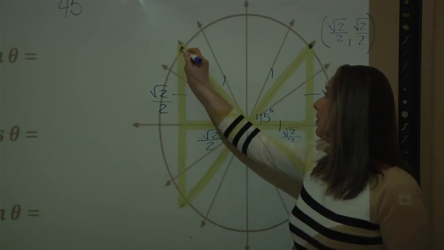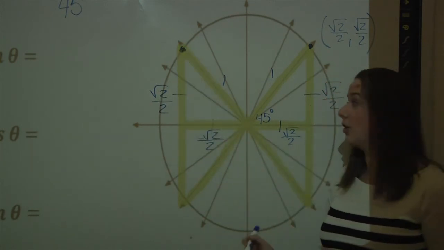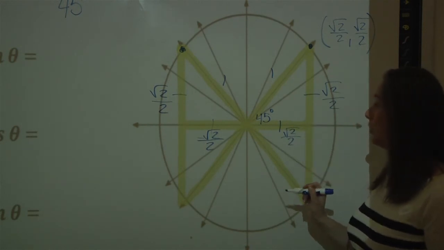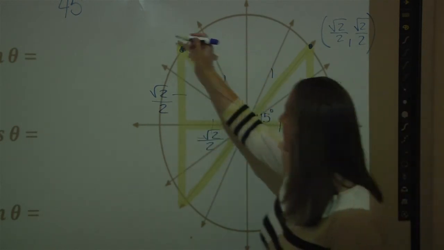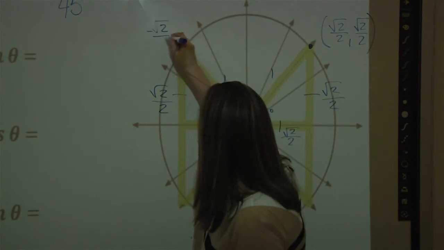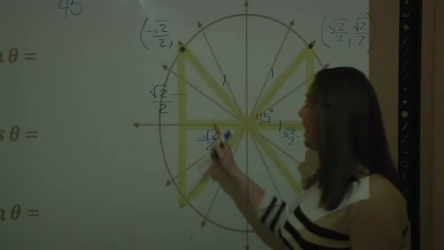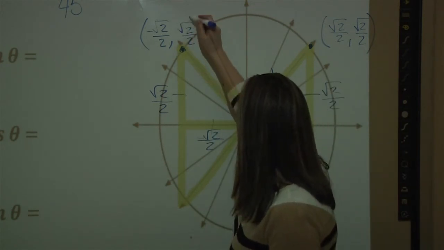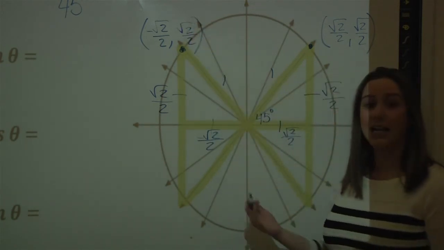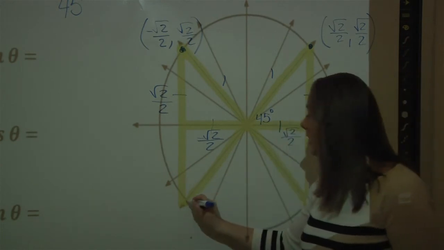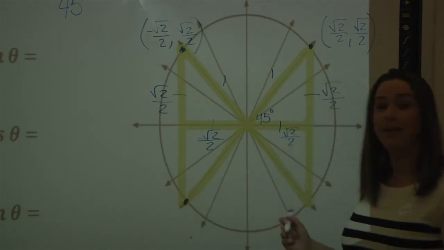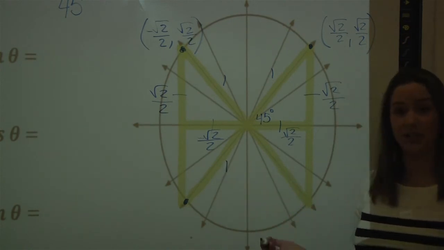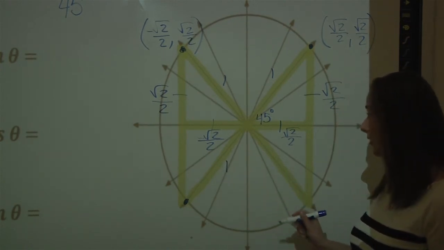I can think about what the coordinates of this point are going to be based off of my reference circle. So my x point is going to be negative radical 2 over 2, comma, and my y value is positive radical 2 over 2. Again, I can keep going around the circle and figure out what the coordinates of this point are going to be. My hypotenuse is always positive. It's a value of 1 on our unit circle.